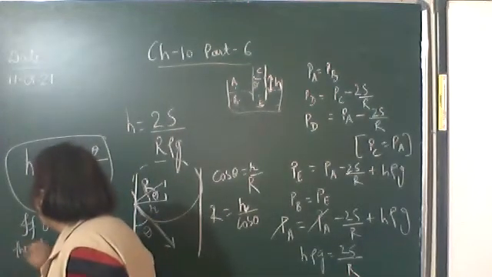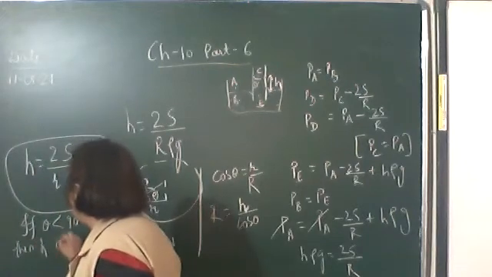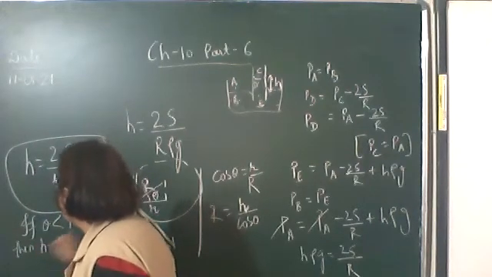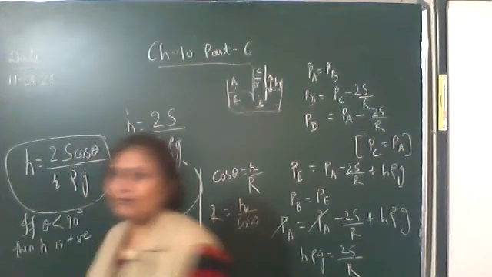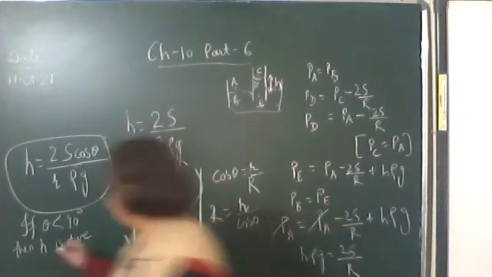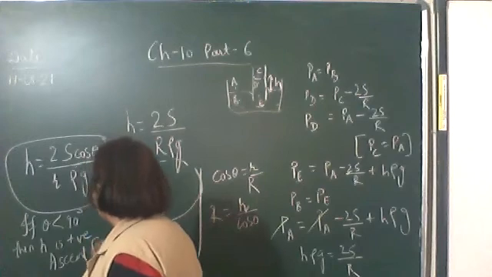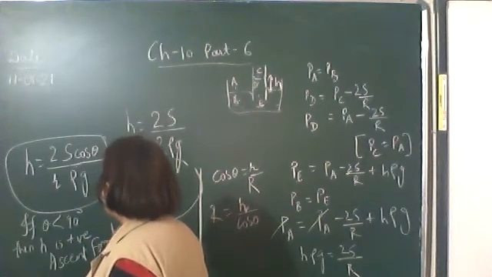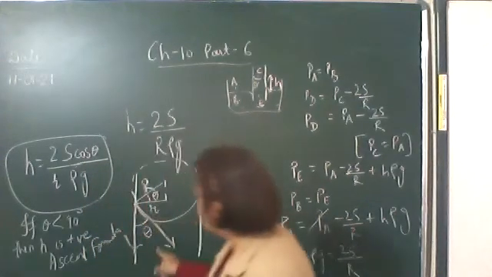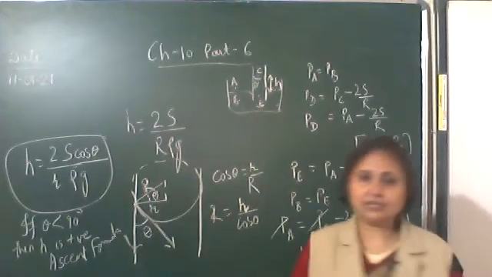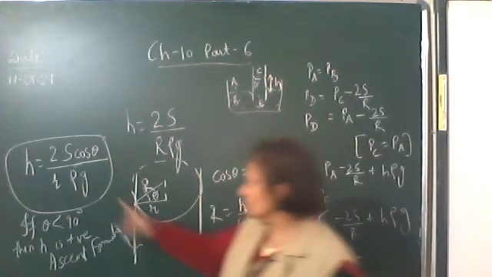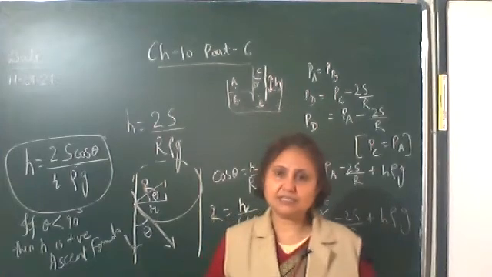Then h is positive and the formula is called the ascent formula, because the liquid is ascending, rising in the tube.